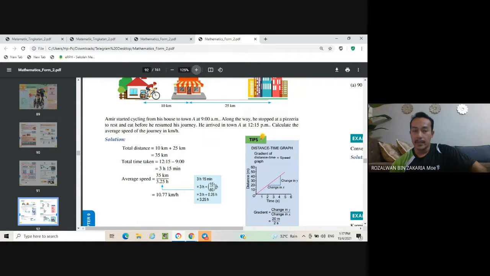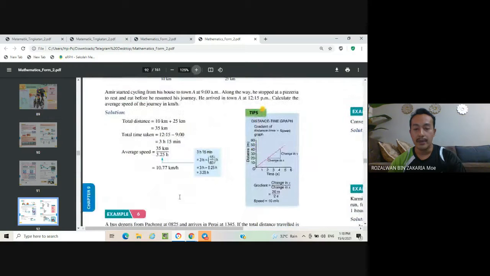Remember, to change from minutes to hours, you divide by 60 because 1 hour has 60 minutes. Next, average speed equals 35 kilometers divided by 3.25 hours equals 10.77 kilometer per hour. Okay, so this is the answer for example 5 here.